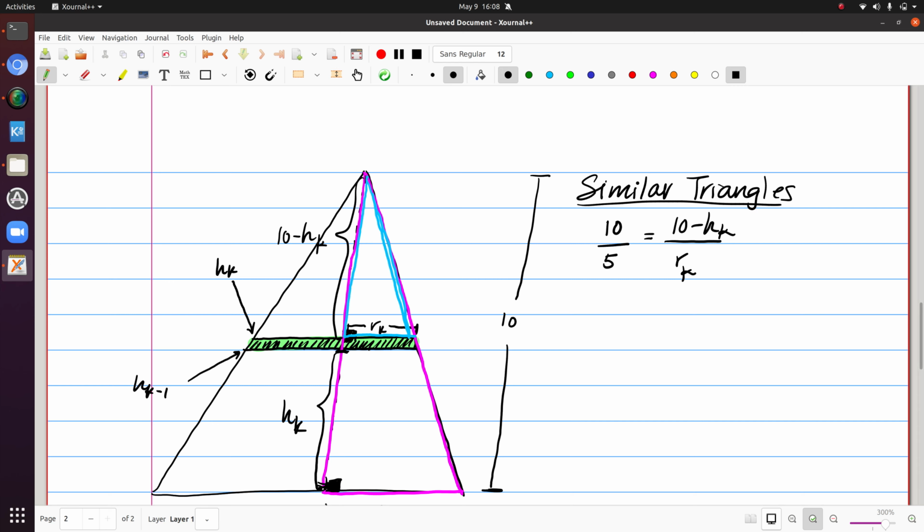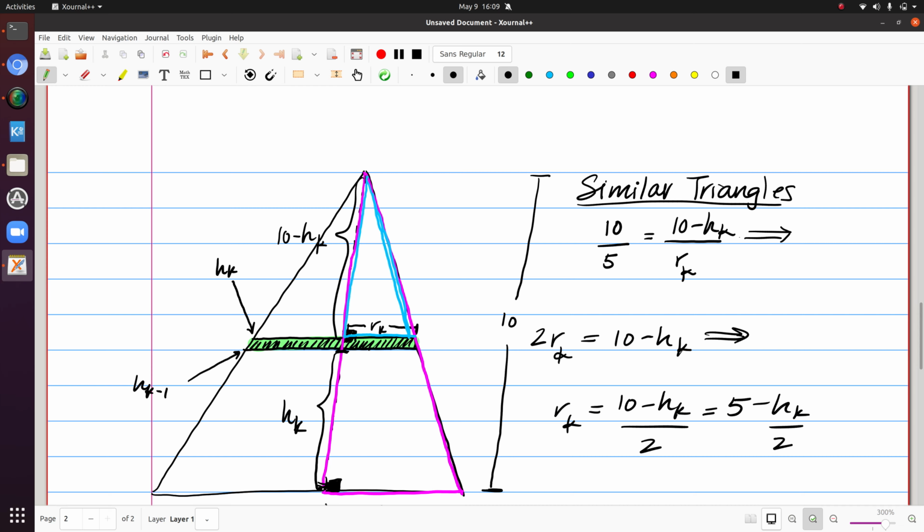This is useful because what I want to do is replace r sub k in my formula. So you can cross multiply and see that r sub k times 10 over 5, which is 2, is equal to 10 minus h sub k. And therefore r sub k is 10 minus h sub k over 2, or 5 minus h_k over 2.